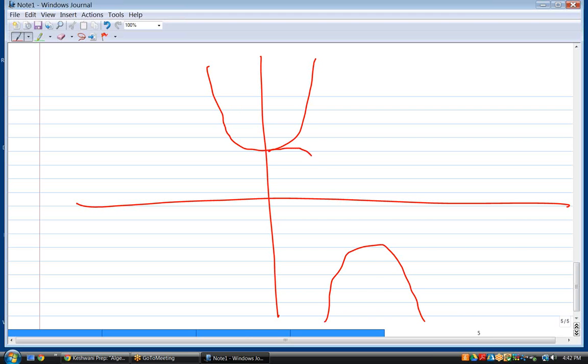Why is that? Because it's the reciprocal of cosine, which looks like that. Okay. So secant and tangent straddle, and you know what I mean by straddle. It's equidistant on both sides. It's symmetric with the y-axis.